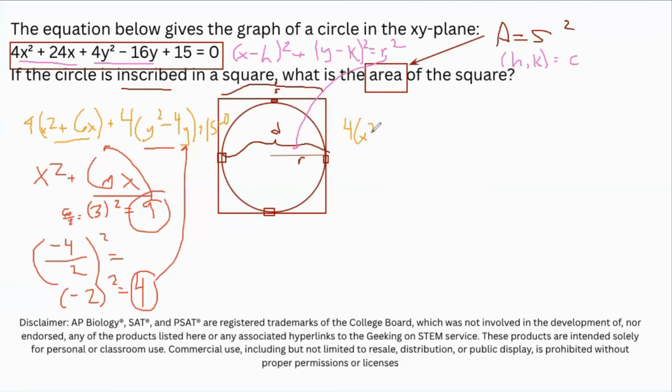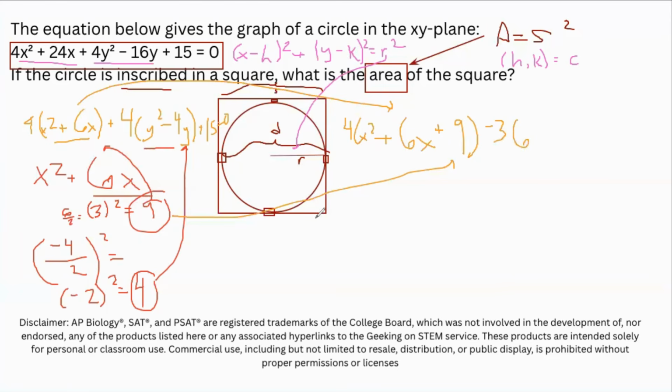4x squared plus 6x. I'm just going ahead and bringing everything over here, adding also my square, which is plus 9 that we solved here, minus 36.